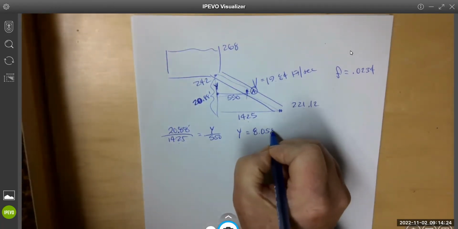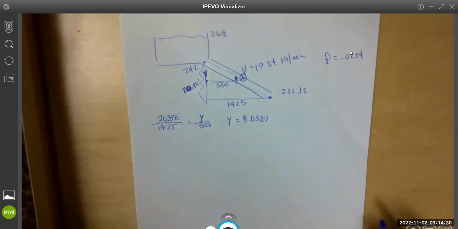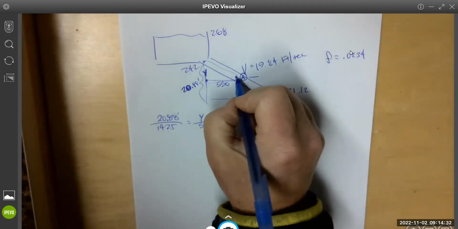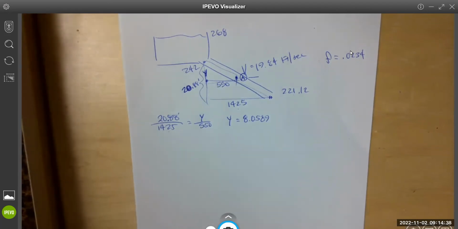8.06, I think. Yep. So then we add that to the 242 to get our elevation here at A. Excuse me, we subtract it. Subtract it. The 233.94.